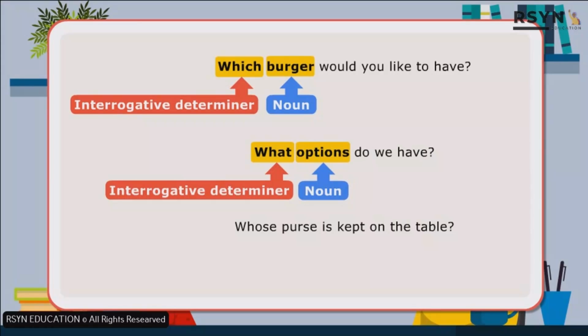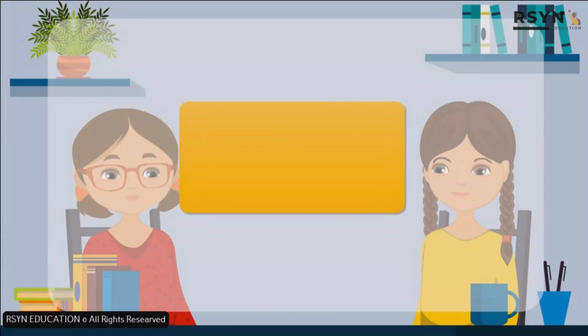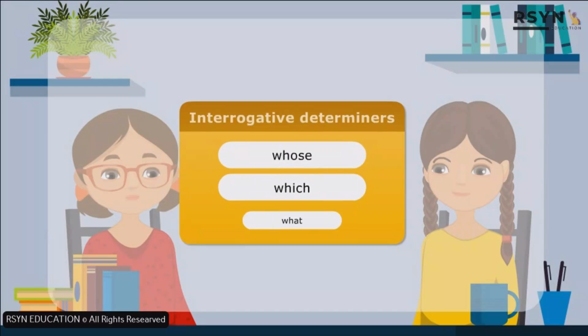In the third sentence, whose is an interrogative determiner, since it is used before the noun purse and asks something specifically about it. Here is a list of interrogative determiners: whose, which, what.